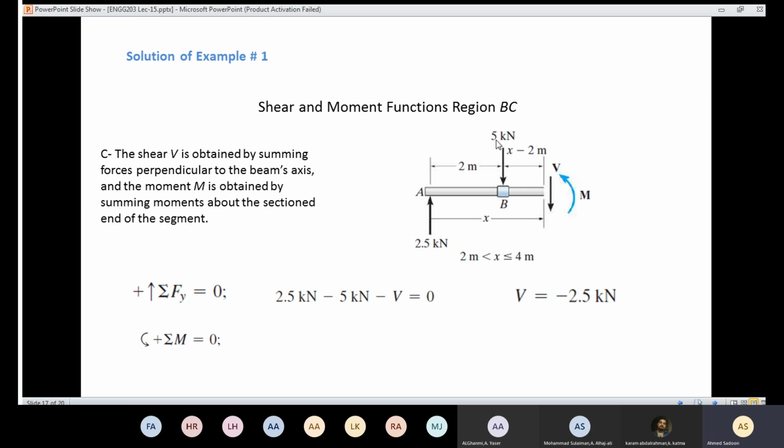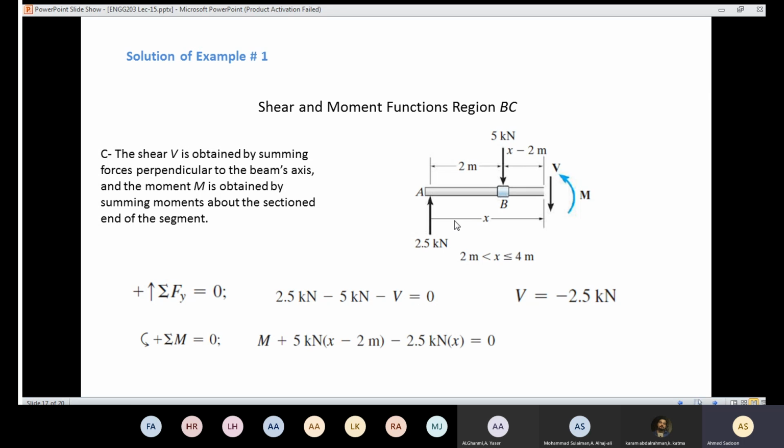Then that force is going to cause a moment. Draw the line of action. Then you multiply by the perpendicular distance, which is x minus 2, and it's going to be positive. So I have M, and I have 2.5 times x is going to be negative, and I have 5 times x minus 2 is going to be positive.